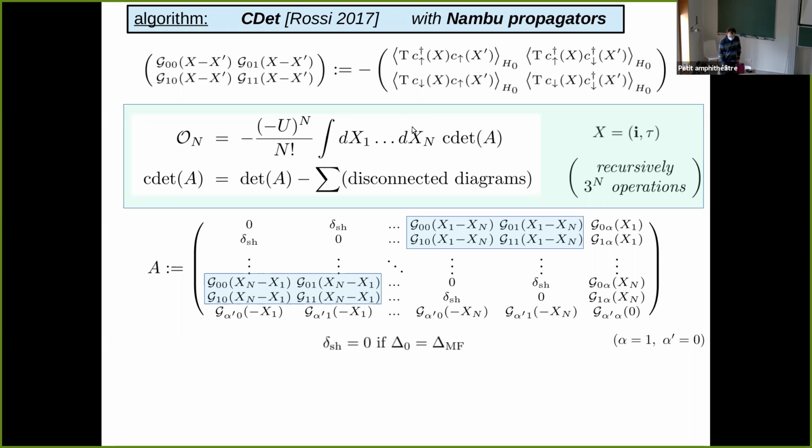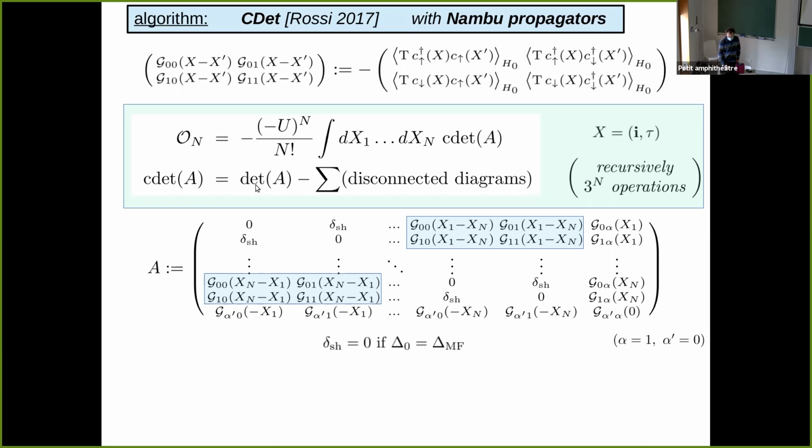As I mentioned before, you do these integrals by Monte Carlo, but you sum over all topologies in an exact way for each value of these internal variables. So actually at each Monte Carlo step, you pay quite a big price to sum over all topologies. But the point is that you don't need to pay a factorial time to do that, even though the number of diagrams is factorial.